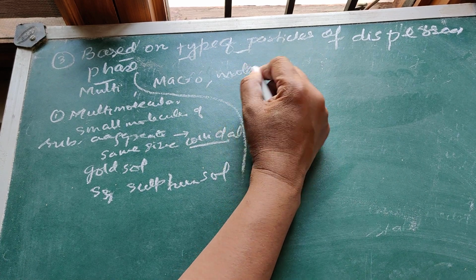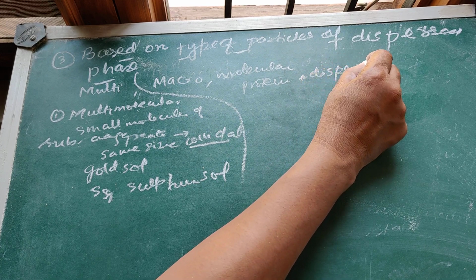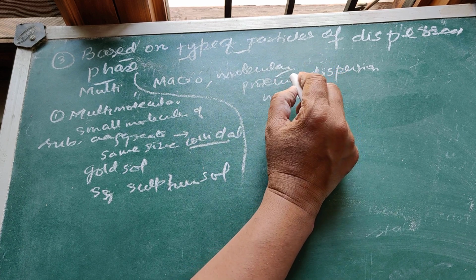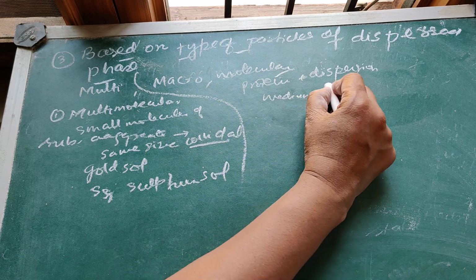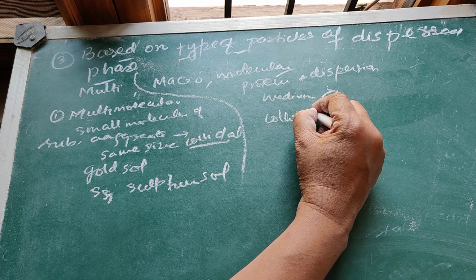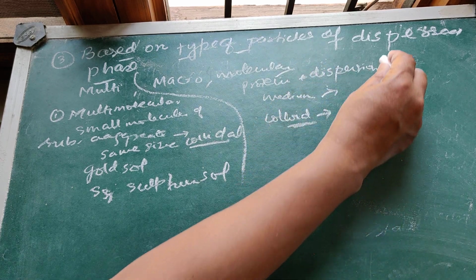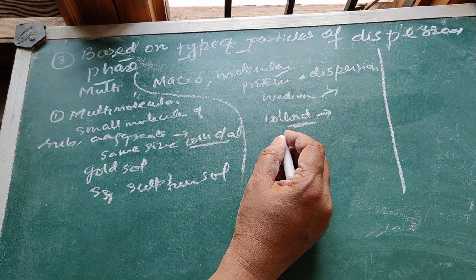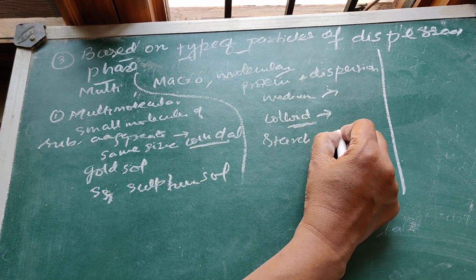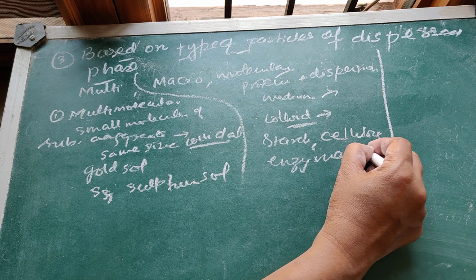Means if you have macromolecules like protein, and you dissolve it in the proper dispersion medium, this protein has large molecular mass and forms a solution in which the molecules have colloidal particle size. They are known as macromolecular colloids. Examples are starch, proteins, cellulose, enzymes, gelatin and so on.